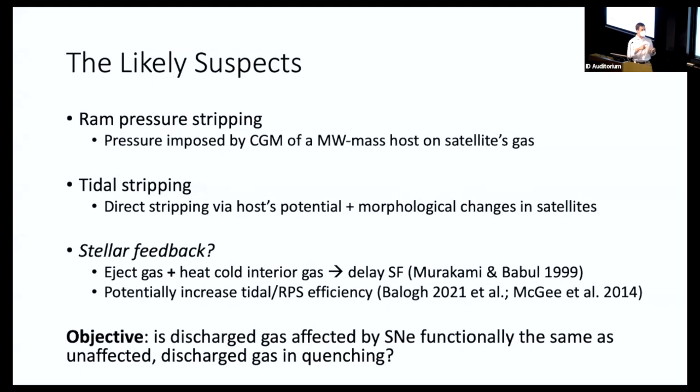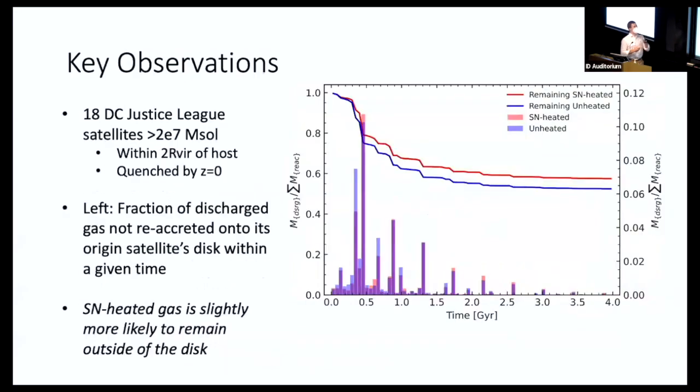And so our goal here is to try to see whether or not supernova heating has a functional influence in the stripping of gas and therefore quenching of dwarf satellites. So a few preliminary results we've been looking at have come from the study of 18 DC Justice League satellites we've sampled, satisfying constraints where they have a minimum mass of 20 million solar masses.